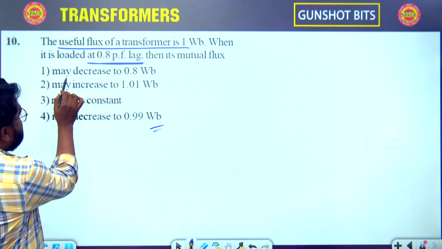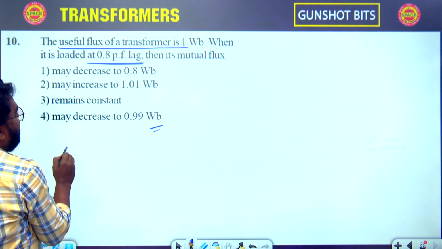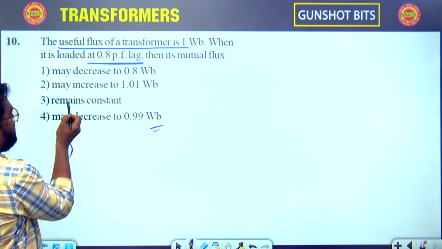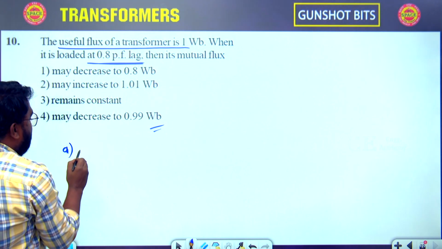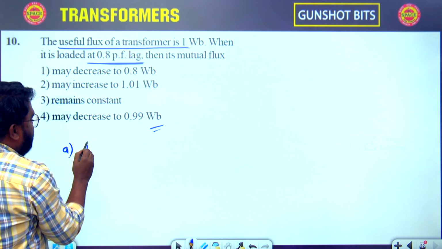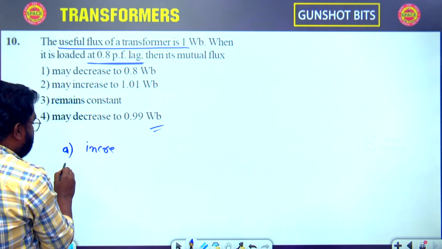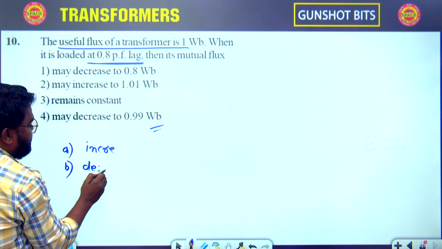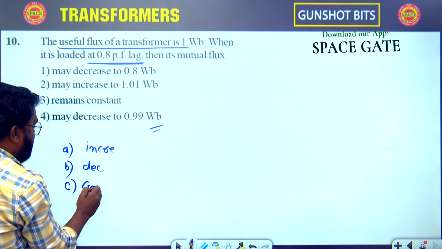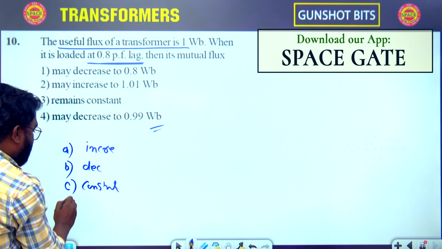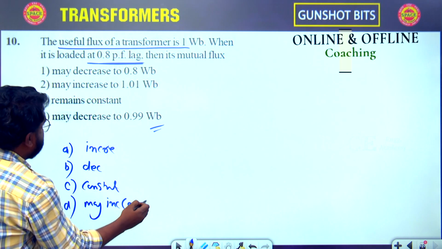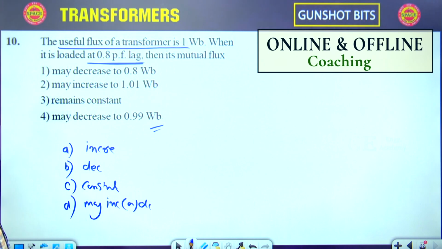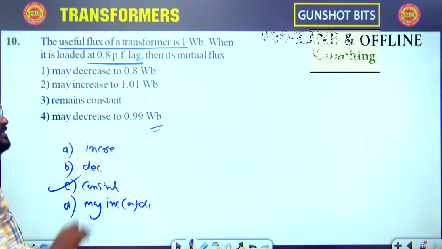Suppose the options are given like this: increase, decrease, constant. Option A, increase; option B, decrease; option C, constant; and option D, may increase or decrease. So what is the answer for this question? Constant is correct.